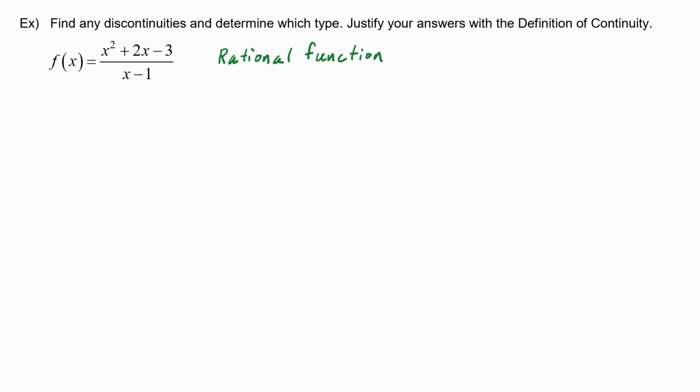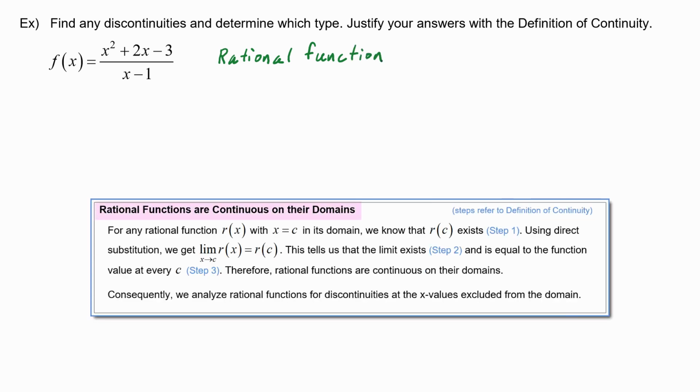And we just learned that rational functions are continuous on their domains. Now, in this case, we have to exclude 1 from the domain, so that means f is continuous for x on the interval -infinity up to 1, union 1 to infinity, everywhere except x equals 1.